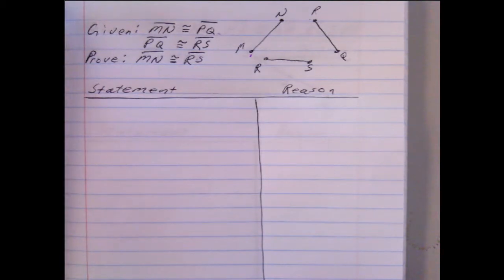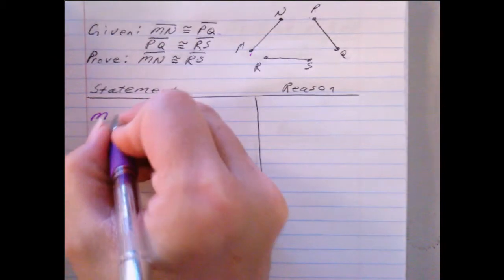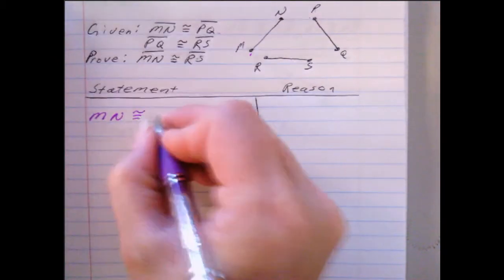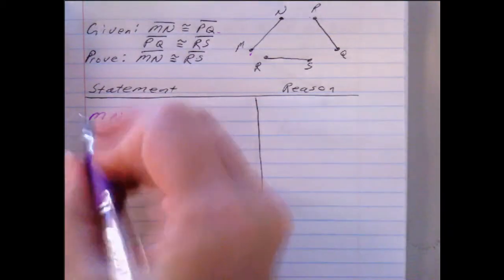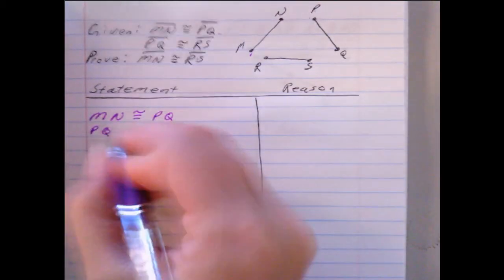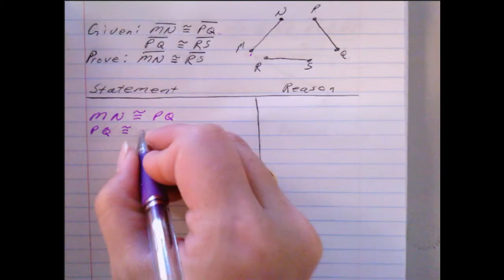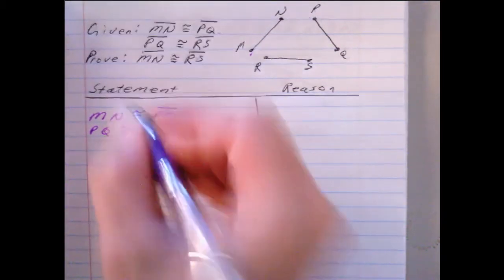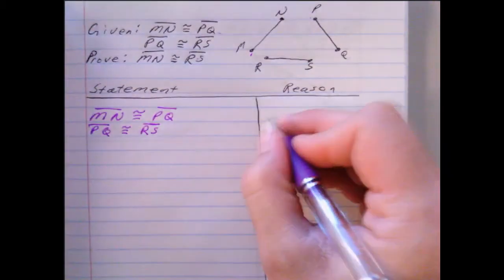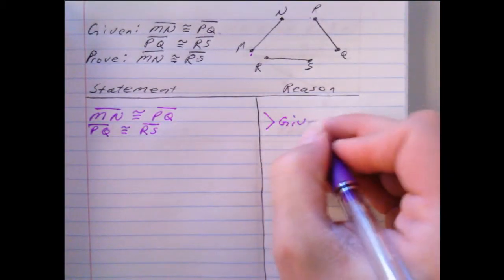So again, we always start out with our given. So MN is congruent to PQ. And then we have PQ is congruent to RS. And those are all segments. And this was given to us.